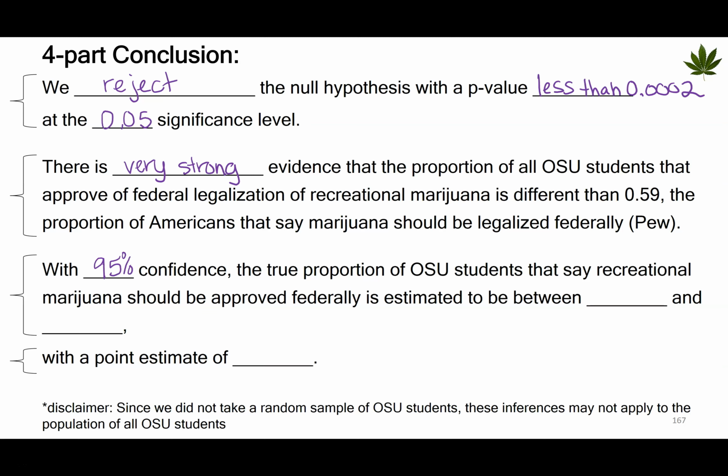So with 95% confidence, the true proportion of all OSU students that say recreational marijuana should be approved federally is estimated to be about between 0.7430 and 0.8394, and always round these to at least 2 places past the decimal. 4 maybe not necessary, but I would recommend at least 2 minimum, but 3 is better.